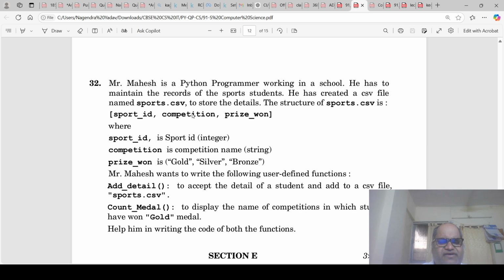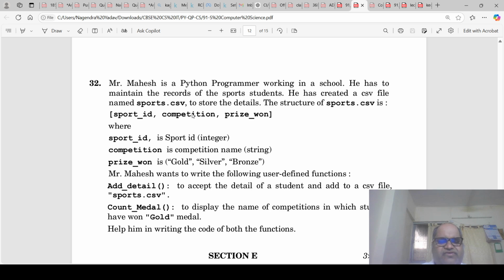Mr. Mahesh wants to write the following user-defined functions: add detail, to accept the detail of a student and add it to the CSV file sports.csv; and count medal, to display the name of competition in which students have won a gold medal. So help in writing the code of both these functions.